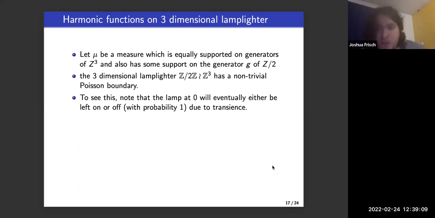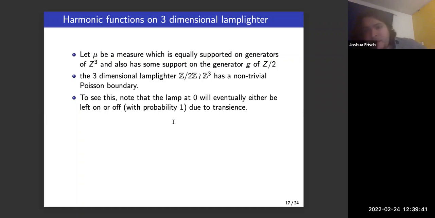But on Z cubed, random walks are transient. And thus eventually a random walker is going to return to the origin for the very last time. Once I've returned to the origin for the very last time, the lamp at the origin, whether it was on or off, is going to stay that way for the rest of all time.